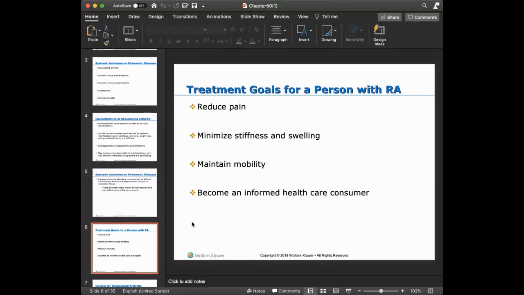We want to decrease the stiffness and swelling by having them do stretching exercises and movements. We want them to stay as mobile as possible and prevent worsening of those joints. And we really want them to have a good understanding of their disorder, what triggers exacerbations for them, what to avoid, and what activities work for them.